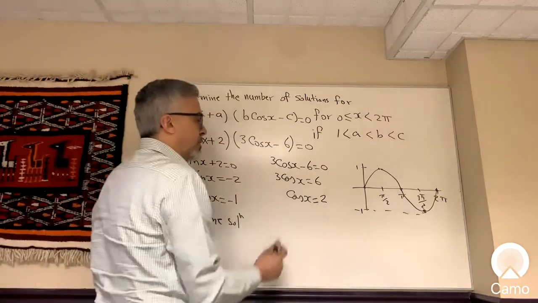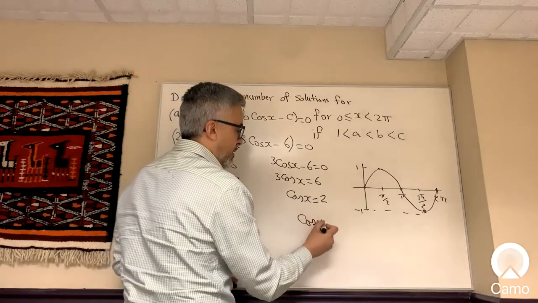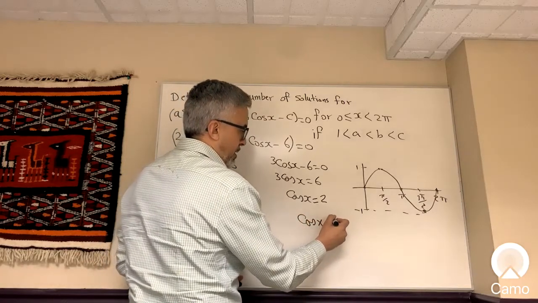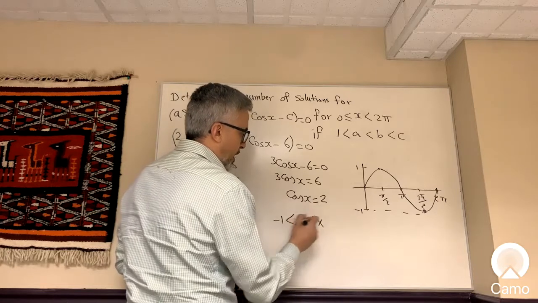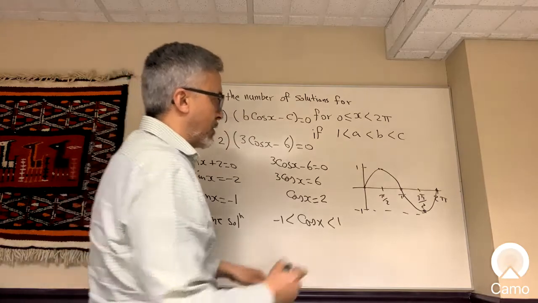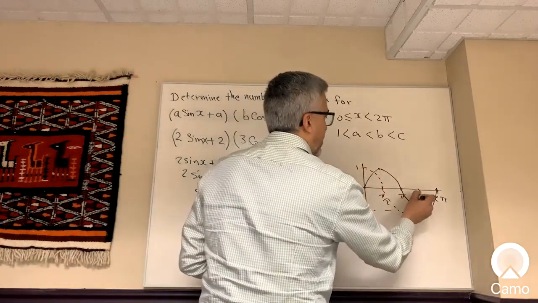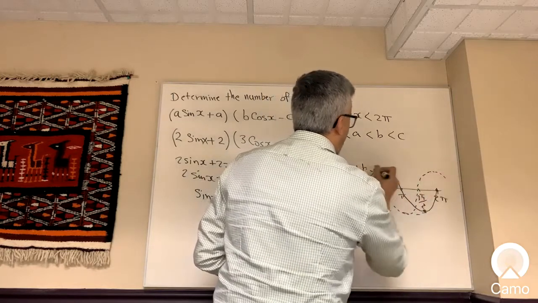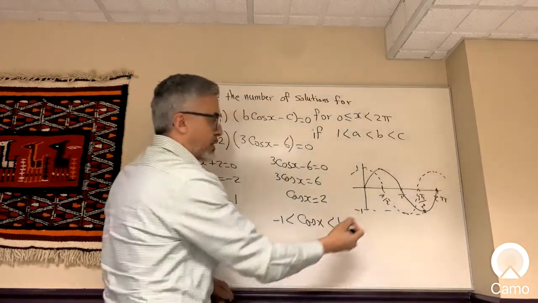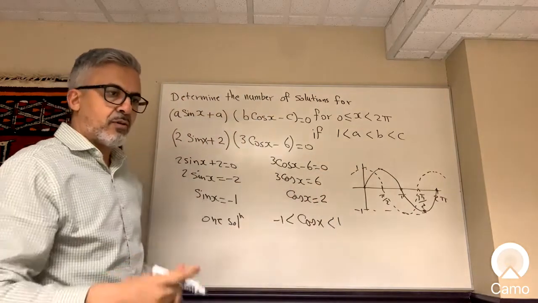And cos x equals 2. As you remember, cos x has to be between -1 and 1. If you look at the cos graph, it looks like this, so the cos graph is always between -1 and 1. And since cos x equals 2, you'll have no solution.